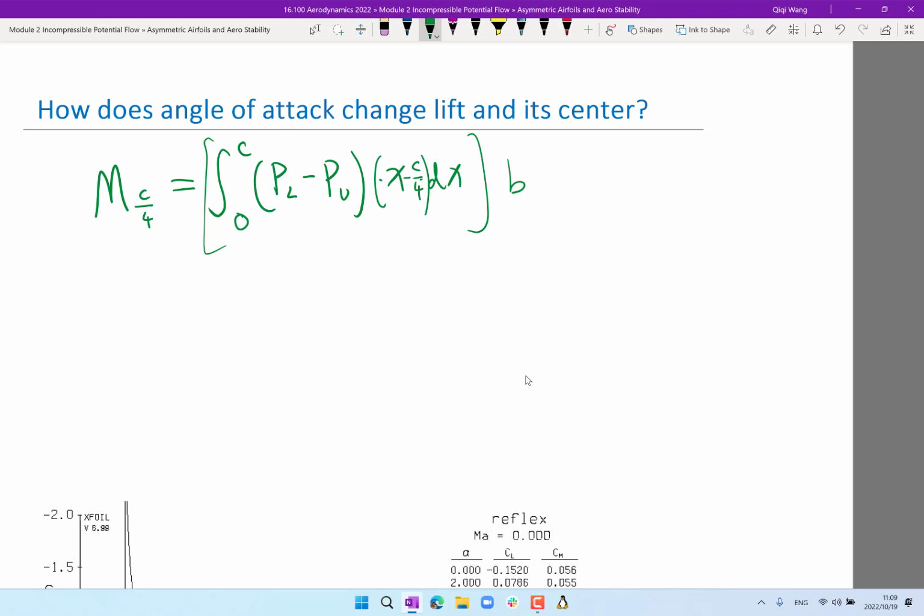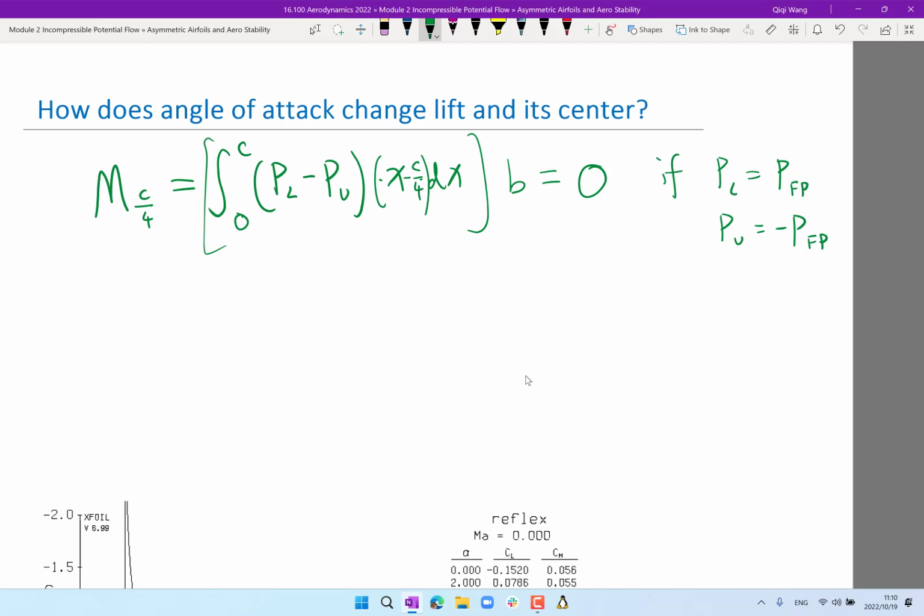Now, if this P is the solution from thin airfoil theory on the flat plate, then we know that this is equal to 0 if the P_L is equal to the P flat plate and the P_U is equal to minus P flat plate. And that is the difference in the solution we get if we increase or decrease the angle of attack. Right?